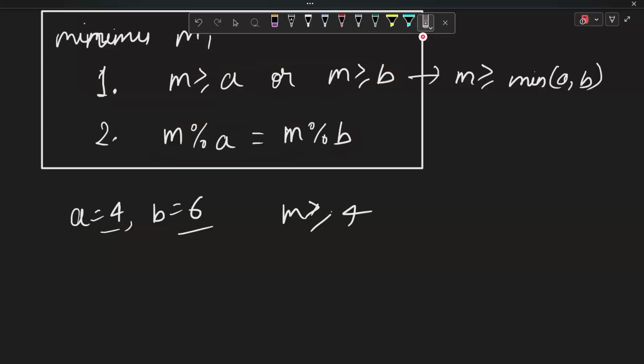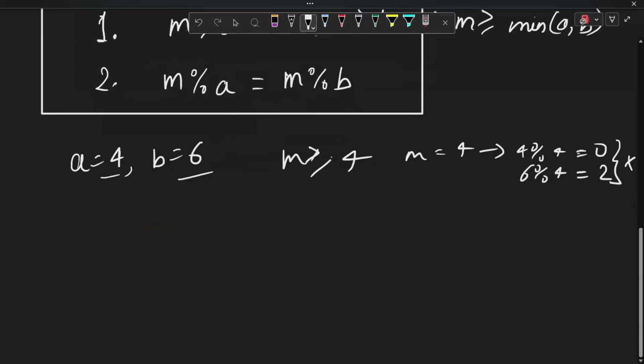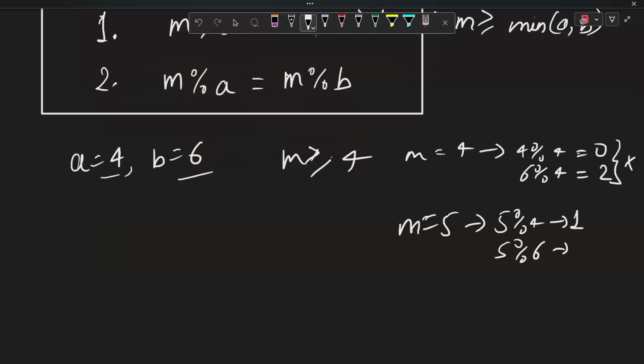The second condition states that the remainder when M is divided by A should be equal to the remainder when M is divided by B. Let's say we take M equal to 4. Then 4 mod 4 gives 0, but 6 mod 4 gives 2. So these are not equal. Or we can take M equal to 5. Then 5 mod 4 gives 1, but 5 mod 6 gives 5.